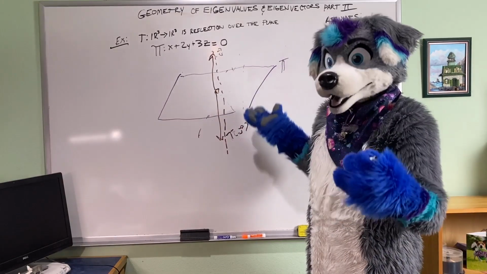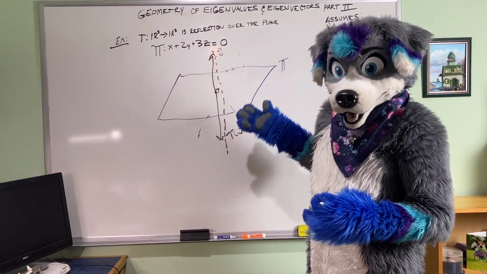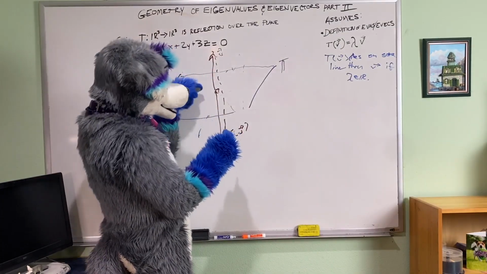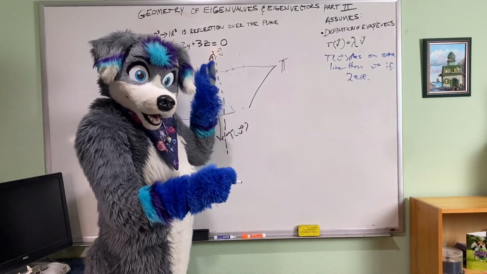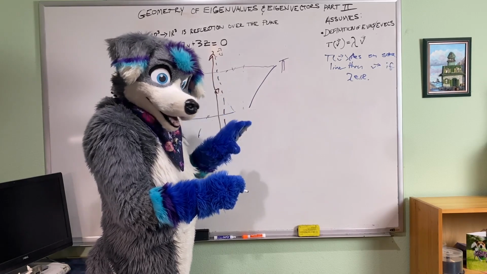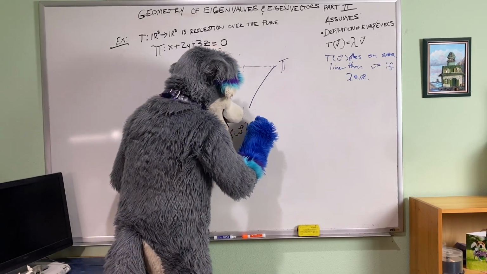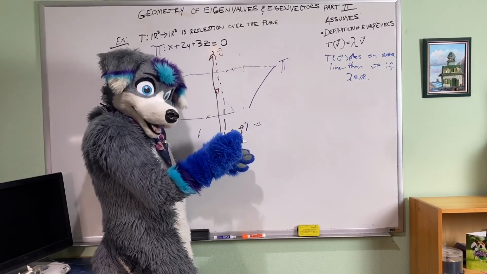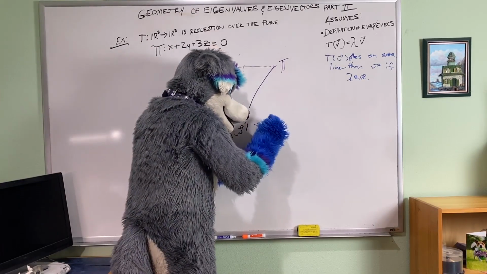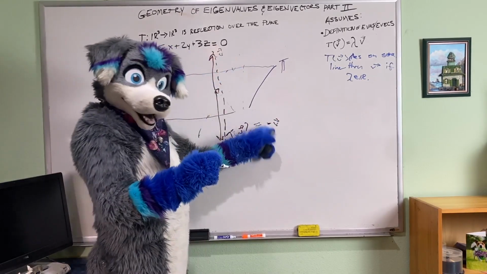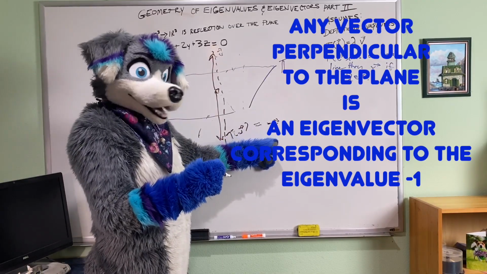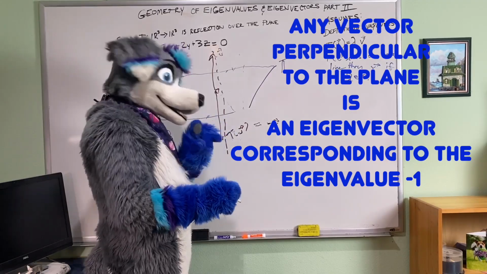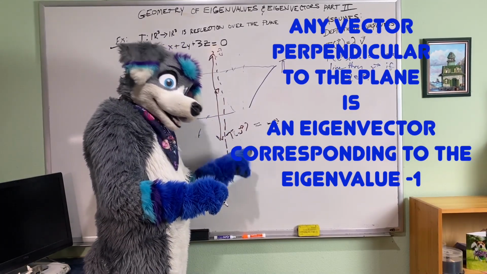That tells us that any vector perpendicular to the plane is an eigenvector. Notice, when I've reflected it, it's the same length in the opposite direction. We can just see from the geometry that this equals negative v. That's a -1. So any vector perpendicular to the plane is an eigenvector corresponding to the eigenvalue of -1.